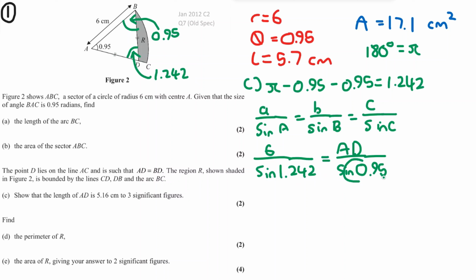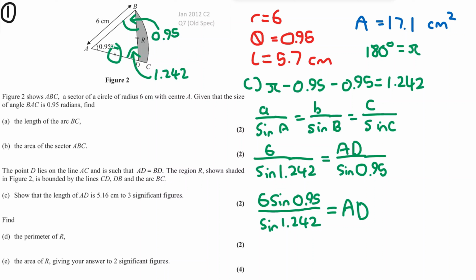Times both sides by sin of 0.95 to get rid of this denominator here, so it becomes 6 sin of 0.95 over the sin of 1.242, and this is equal to AD, this side here.